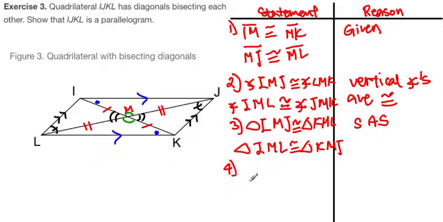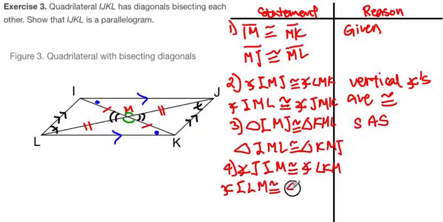That tells us the angle JIM must be congruent to angle LKM. The same reasoning goes for angle ILM being congruent to angle KJM by CPCTC.